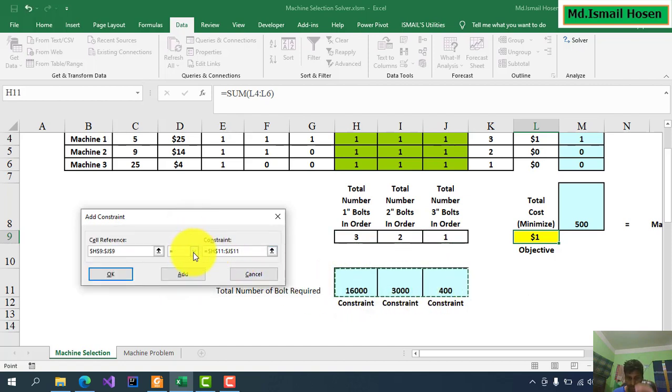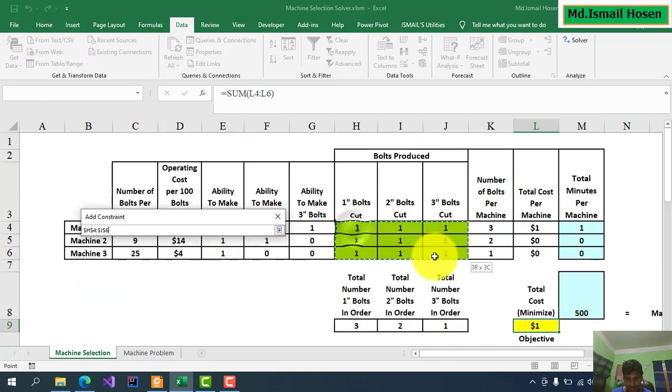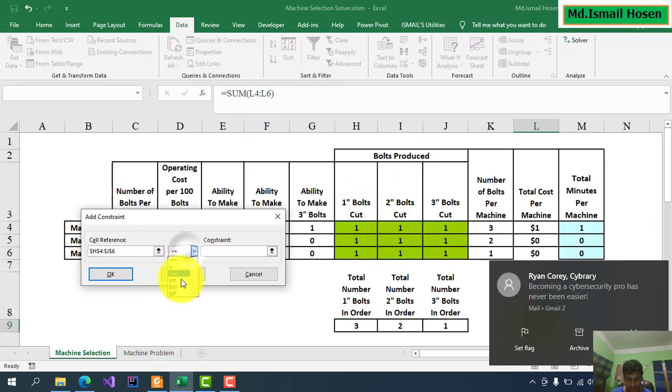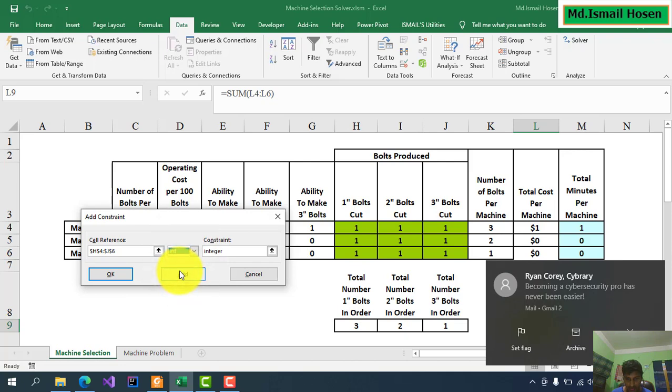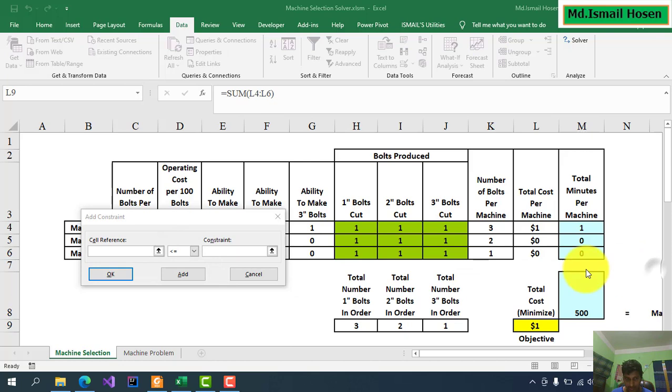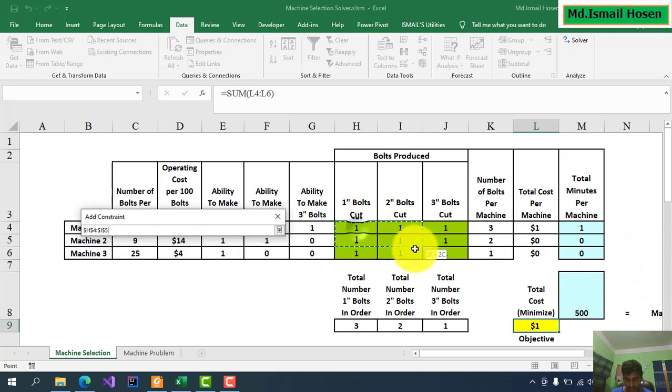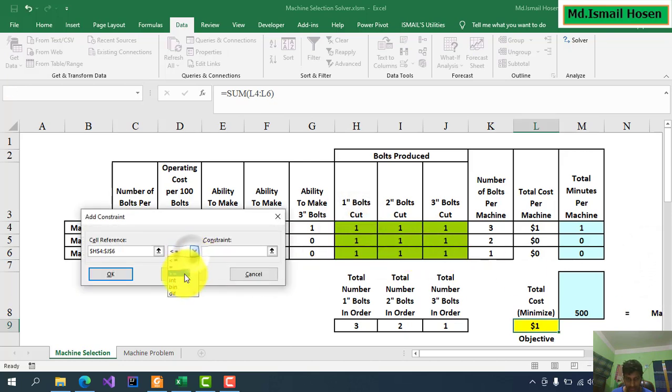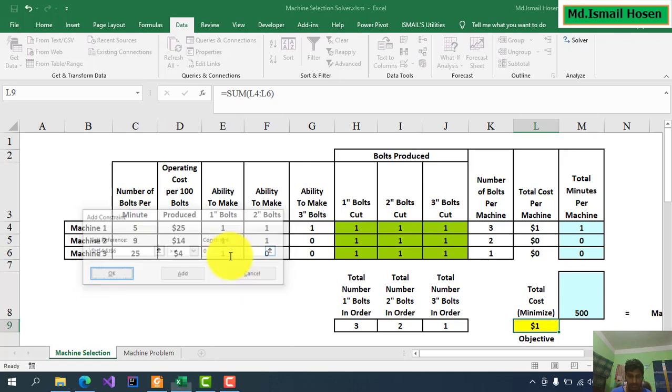Actually you can use greater than or equal, but equal is enough. So this is the second condition. The third condition is that this needs to be an integer, and we can add another condition that this needs to be greater than or equal to 0.